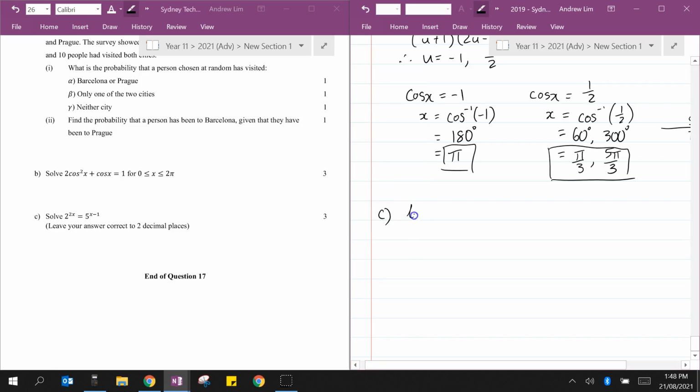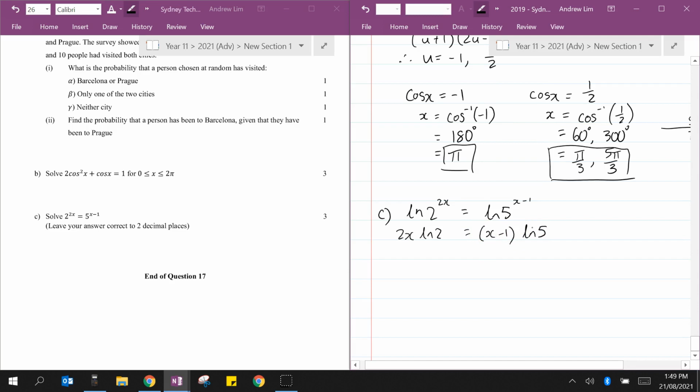So if I were to take the natural log of both sides, ln of 2 to the 2x is equal to ln of 5 to the x minus 1. We can now bring down the powers, so we get 2x ln of 2 is equal to x minus 1 ln of 5.